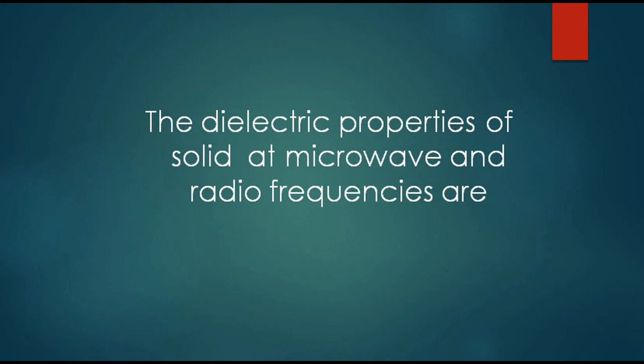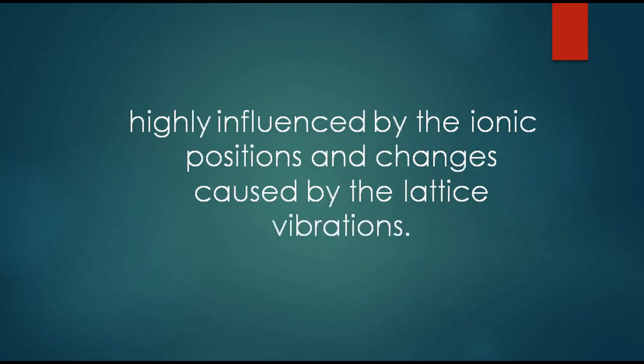That is the frequency variation. So what I'm trying to explain here is that the dielectric properties of the solid at microwave and radio frequencies are highly influenced by the ionic positions and changes caused by the lattice vibration.